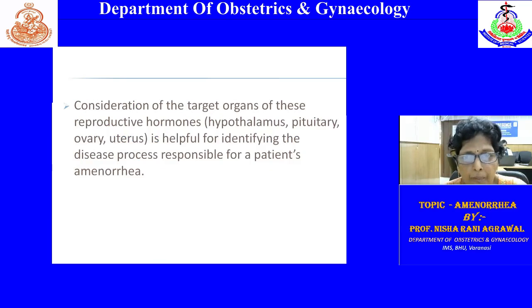Consideration of the target organs of these reproductive hormones, that is hypothalamus, pituitary, ovary, uterus, is helpful for identifying the disease process responsible for a patient's amenorrhea.